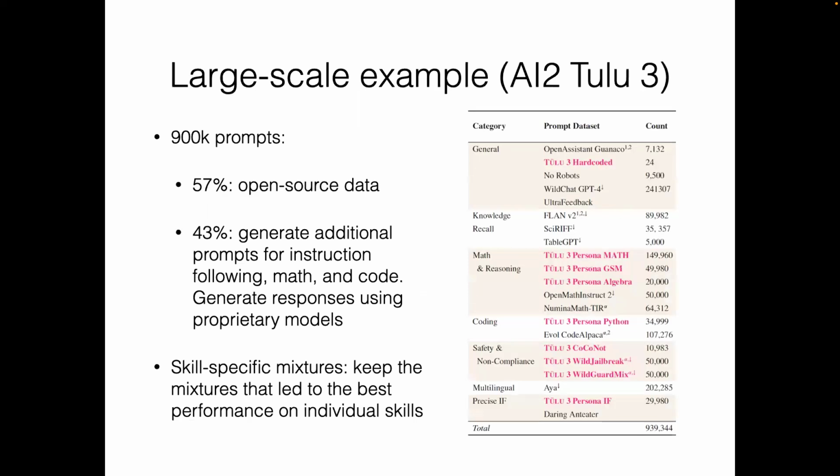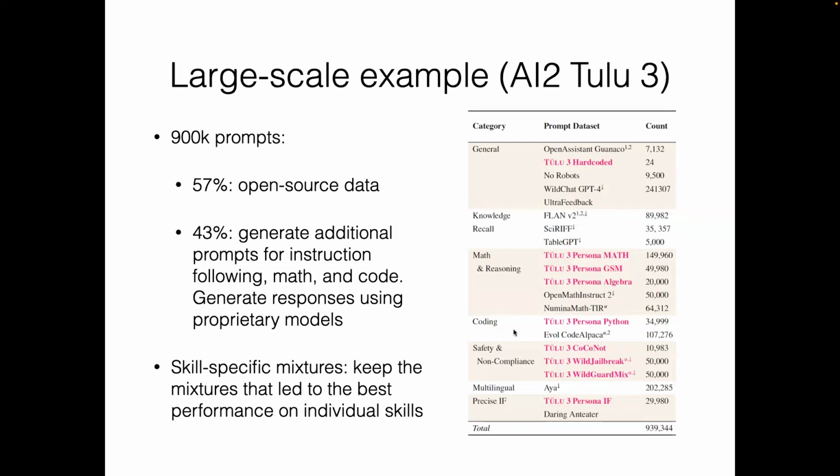I want to show a more recent example of really doing this in practice. This was a model that came out at the beginning of 2025, so it was very recent, last semester. Here they've collected a data set with about 900,000 prompt-response examples.